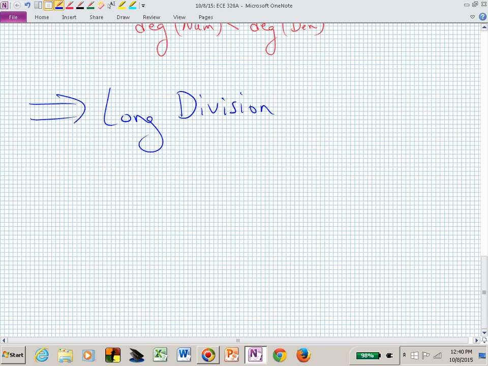We take our denominator and divide it into the numerator, and continue until the remainder has an order strictly less than the denominator. In this case, we're looking for a remainder polynomial of order 1 or less.